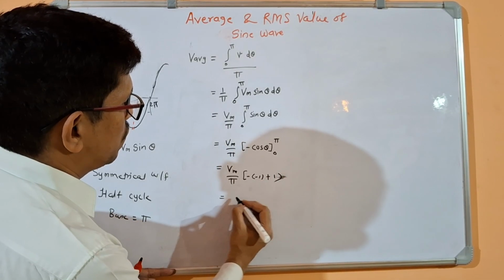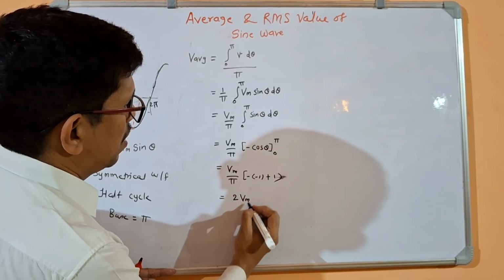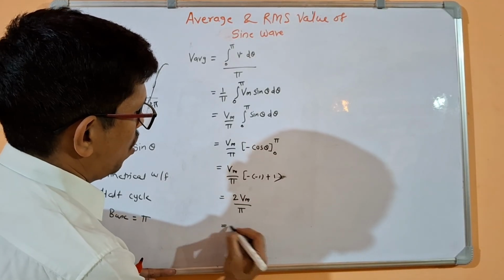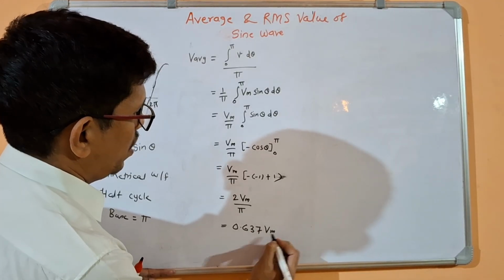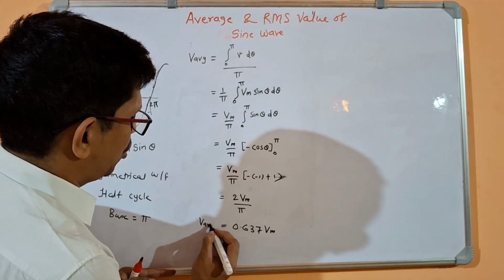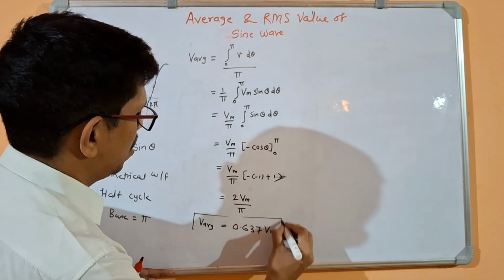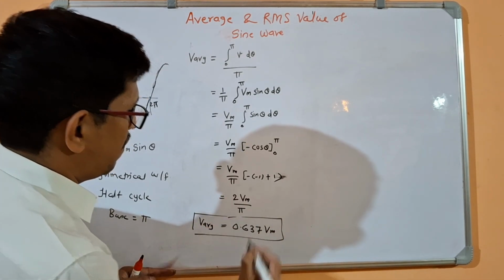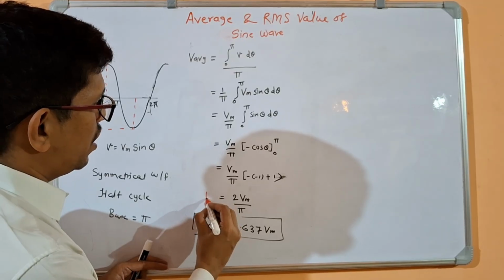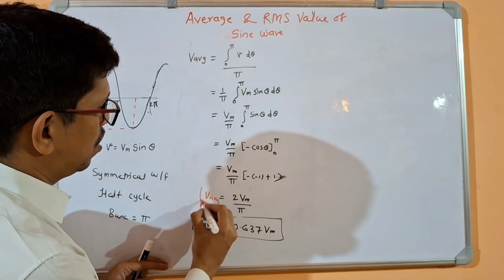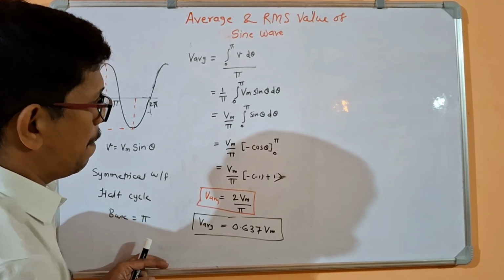Therefore this comes to be 2 Vm upon pi, or 0.637 into Vm. So V average is equal to 0.637 times Vm, or you can say V average is equal to 2 Vm upon pi.